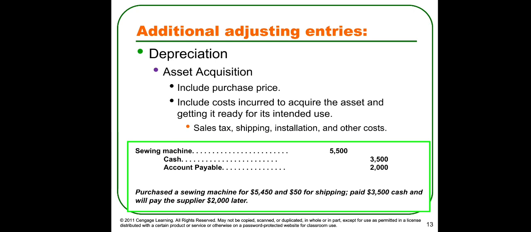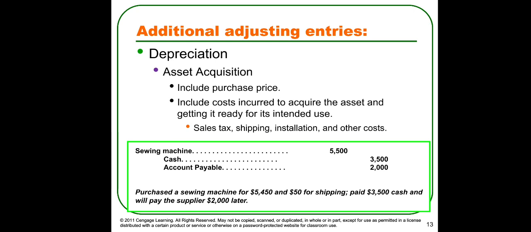See here, the price of the sewing machine is $5,450, but when the business purchases the sewing machine, the business has to pay $50 for delivery. The seller charged $50 to deliver the sewing machine to the business. So when you record this purchase of sewing machine, you have to record it at $5,500.